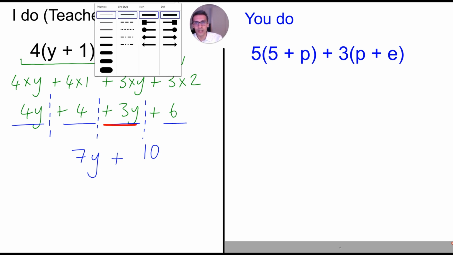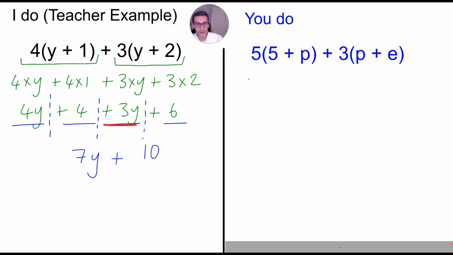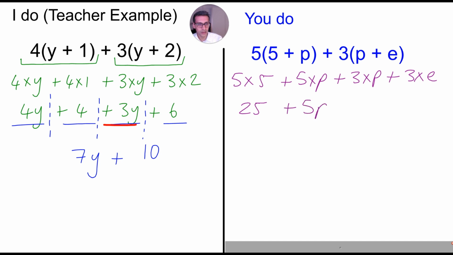Okay, so I'm going to go through it now. 5 times 5 is 25, plus 5 times p is 5p, plus 3 times p, plus 3 times e. So let's write this all out. 25 plus 5p plus 3p plus 3e.